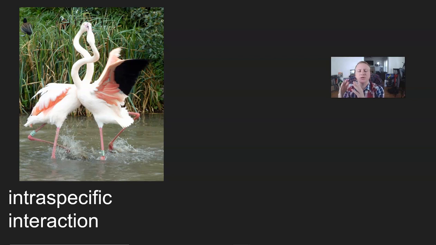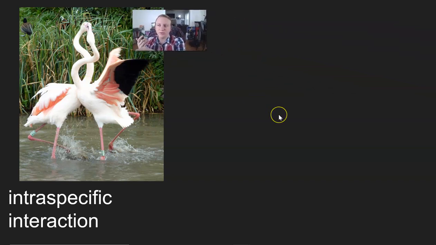Remember, population growth. We didn't hit all of those, and we'll probably circle back around later on in the semester. But intraspecific interaction, for instance, these two flamingos duking it out. Intraspecific is two individuals of the same species. Let me say that again. Intraspecific is two individuals of the same species.